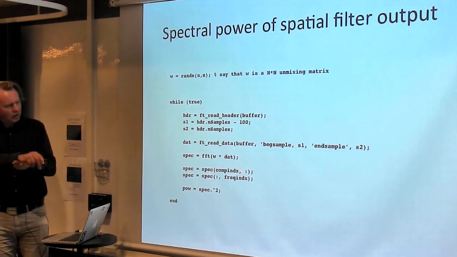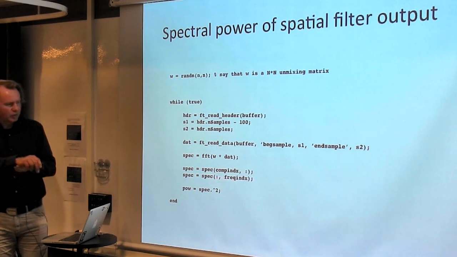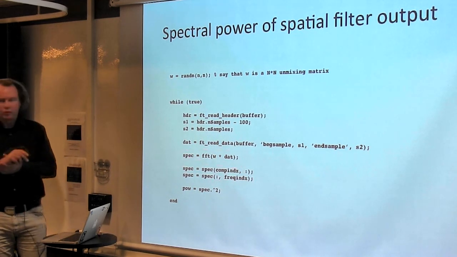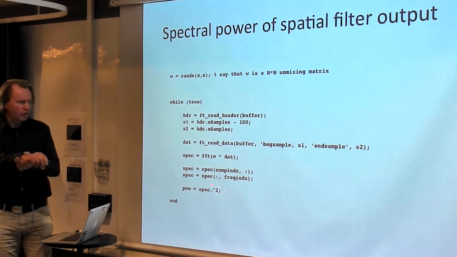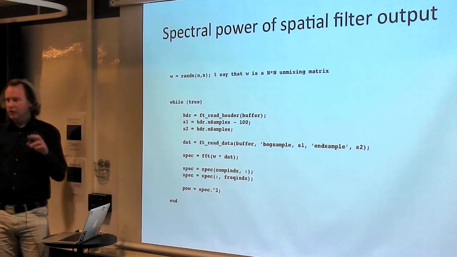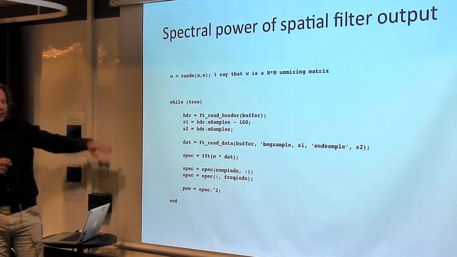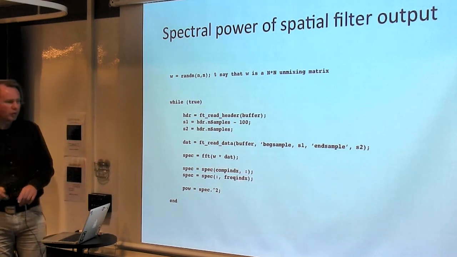Then I select the component of interest, and then I select the frequency of interest. So this is a complex Fourier spectrum. Subsequently I take the square of it to get the power estimate. So this is a very inefficient computation because in the end I'm only interested in one component, one frequency.